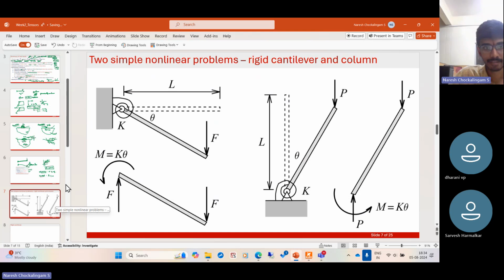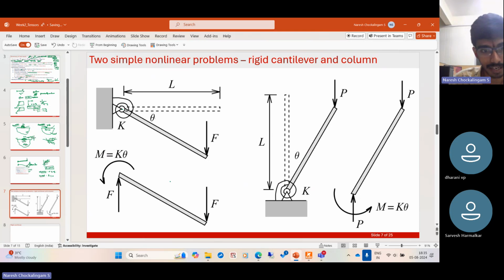So here we have these two examples from Sir's lectures. You look at a cantilevered beam. This is a rigid bar, and at one end you have a torsional spring, and at the other end you are applying a certain force. Suppose we are interested in deriving the relationship between this force and this rotation. We establish equilibrium in the deformed configuration. So this is the free body diagram.